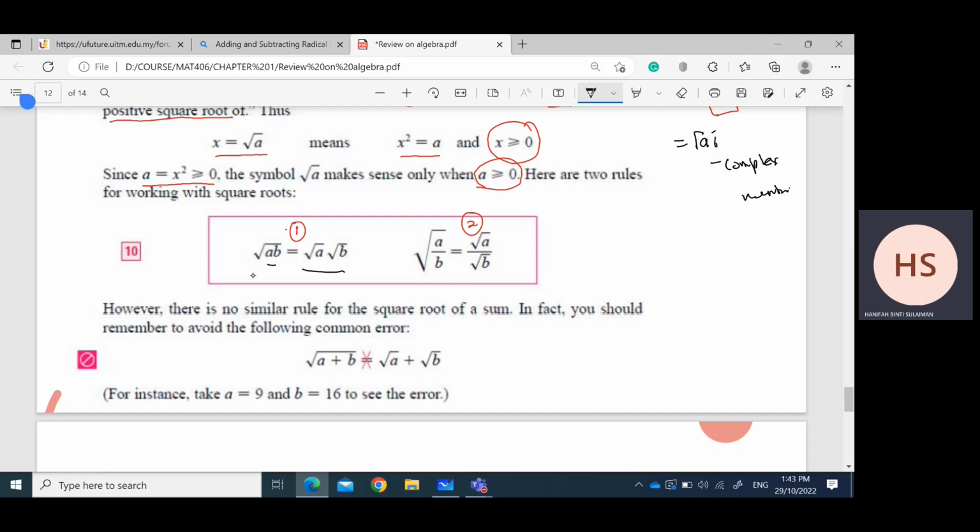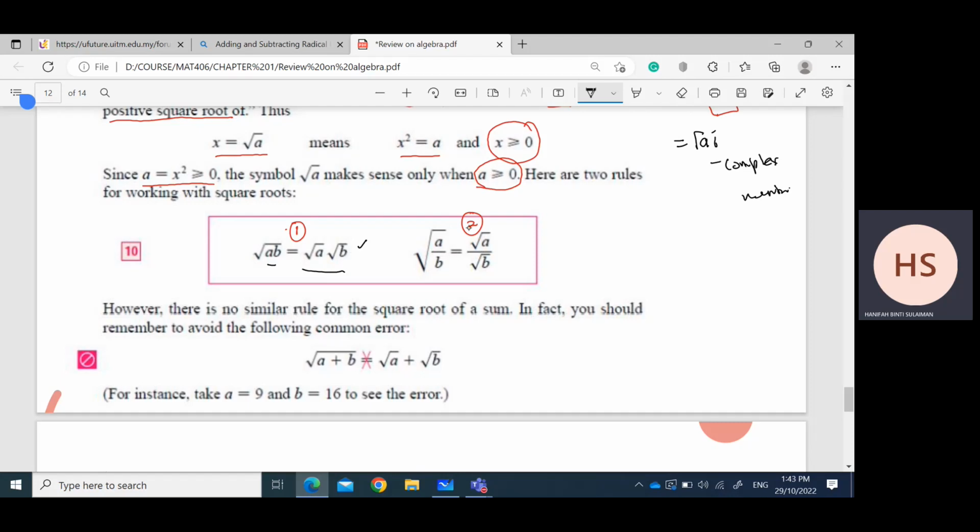Okay, so based on these rules, the square root of AB can be separated. So maknanya kita boleh asingkan. The square root of AB is equivalent to square root of A times square root of B, and then you can solve.